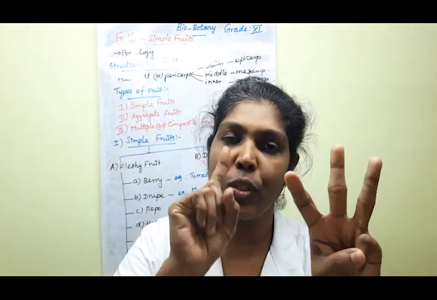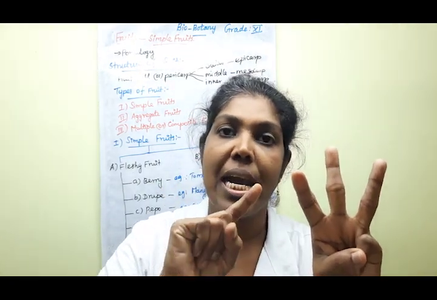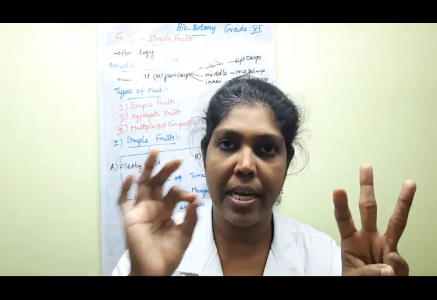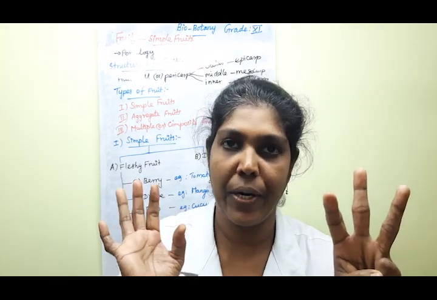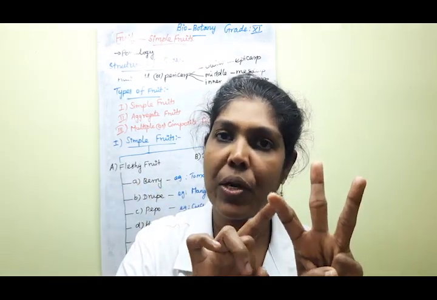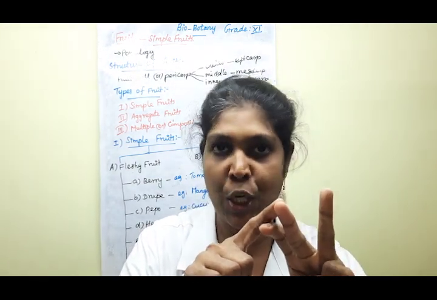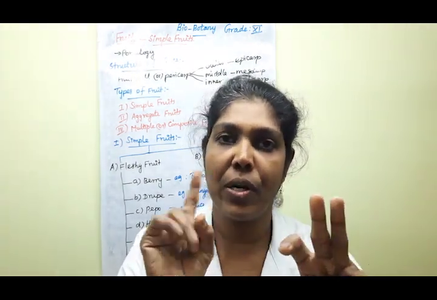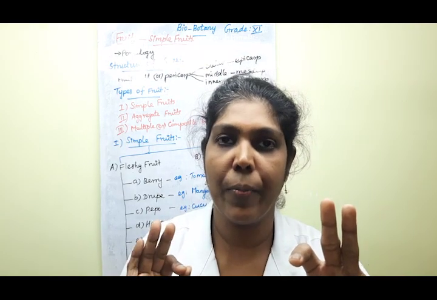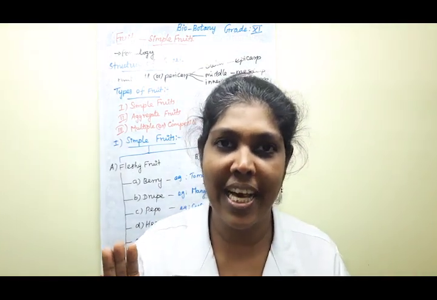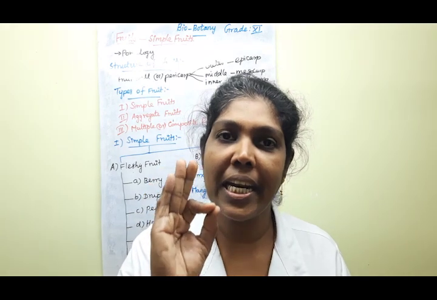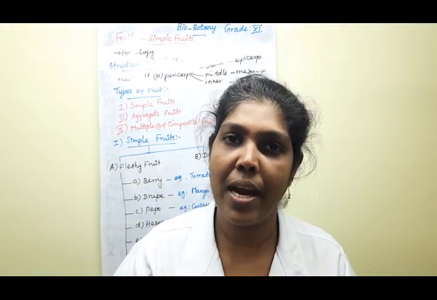The outer layer is known as the epicarp. Don't forget this name, children. The name is very important. The outer layer is called epicarp, the middle layer is called mesocarp, and the inner layer is known as endocarp. Are you clear, children? Say yes or no. What are the 3 regions in a pericarp?